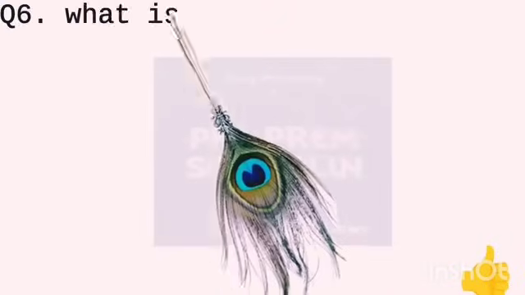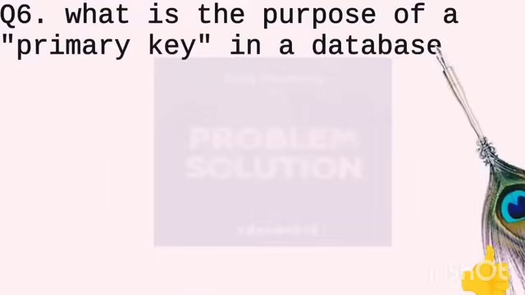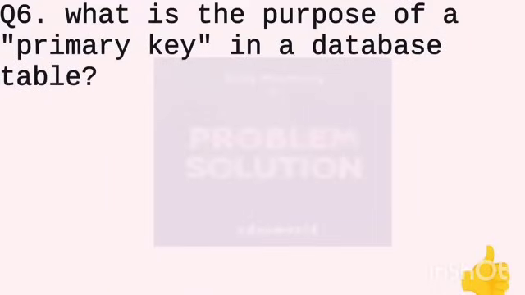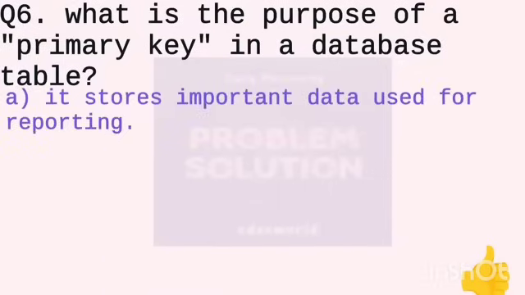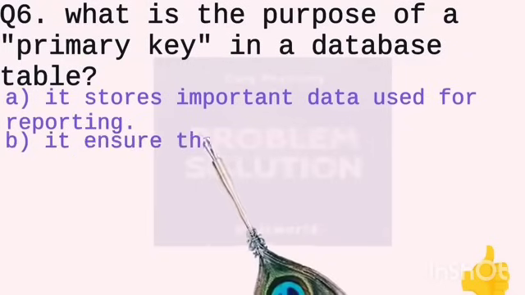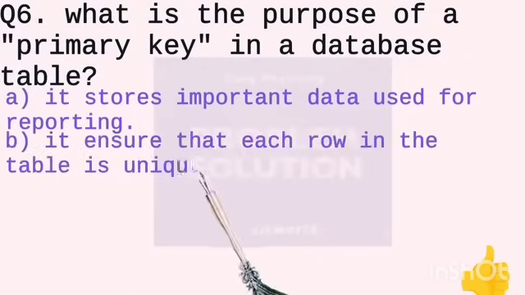Query number 6. What is the purpose of a primary key in a database table? Option A, it stores important data used for reporting. Option B, it ensures that each row in the table is unique.